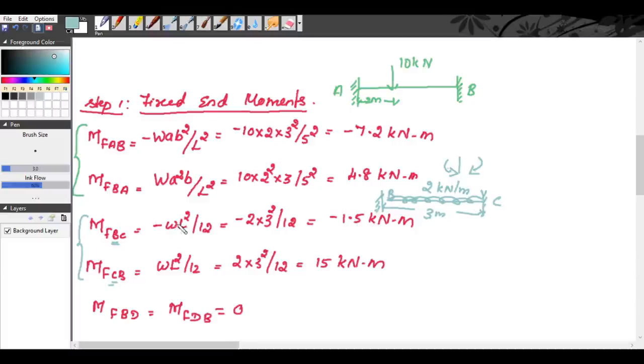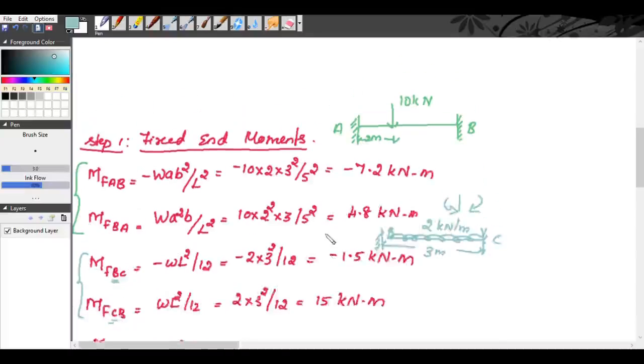So substituting, minus W L square by 12, we get minus 1.5 kilonewton meter, and the fixed end moment at C is M of CB equal to W L square by 12, that is equal to 2 into 3 square by 12, it is 1.5 kilonewton meter.